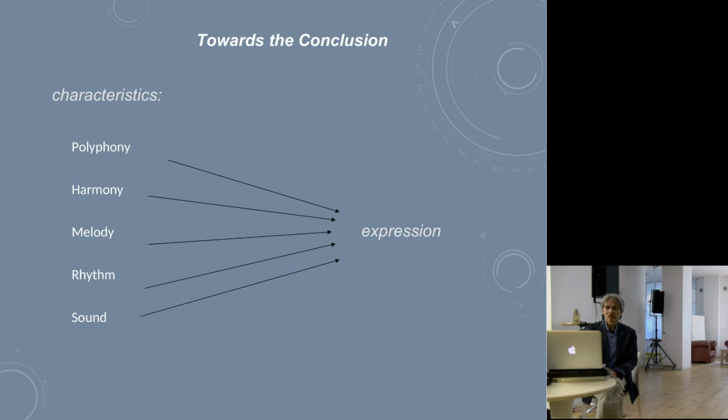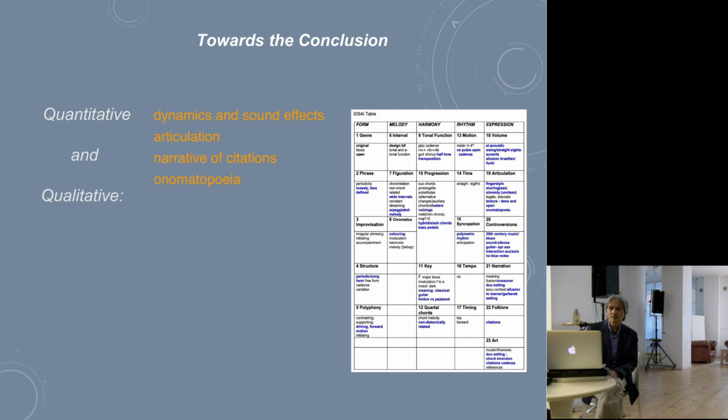It is expression as a structural former and overarching aspect of jazz that the characteristic influence of the transmutation of jazz by the classical guitar and vice versa is expressed. There is the quantitative dimension. This is evident in the dynamics and sound effects, the articulation and the narrative of citations and onomatopoeia.